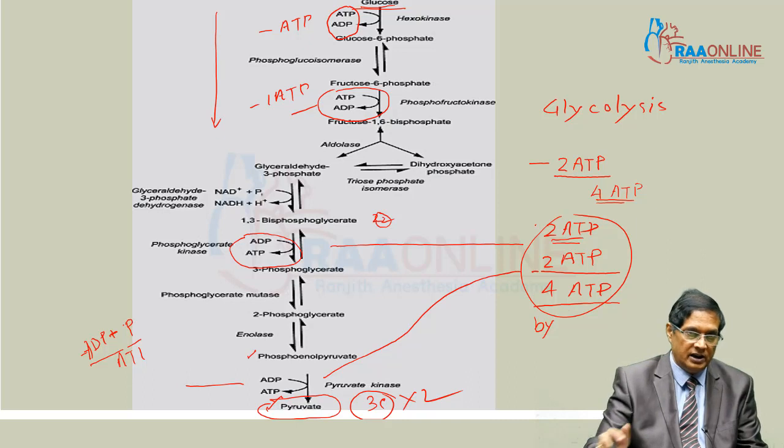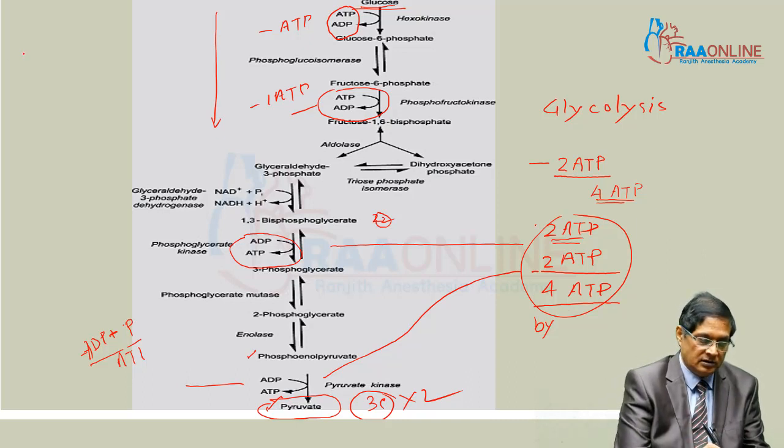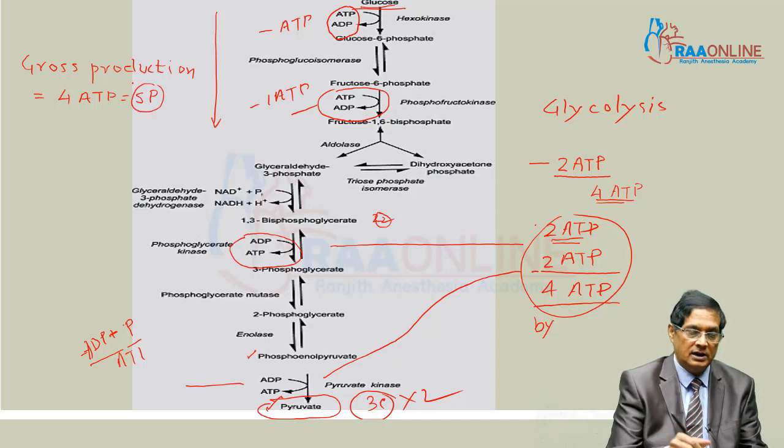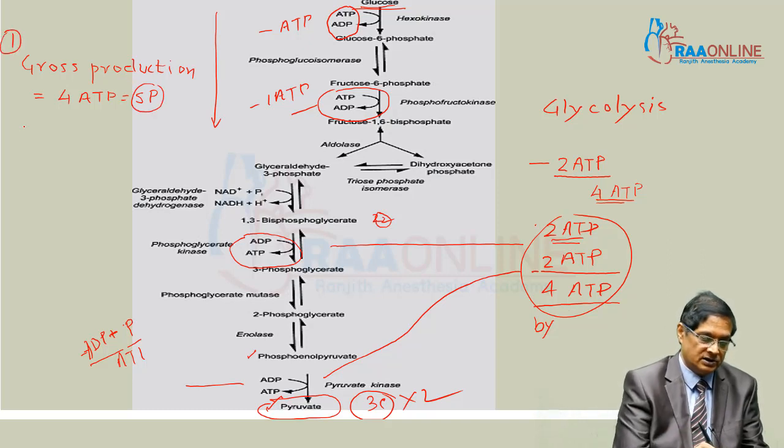So we can write here: gross production of ATP in glycolysis is 4 ATP, and they are by substrate phosphorylation.